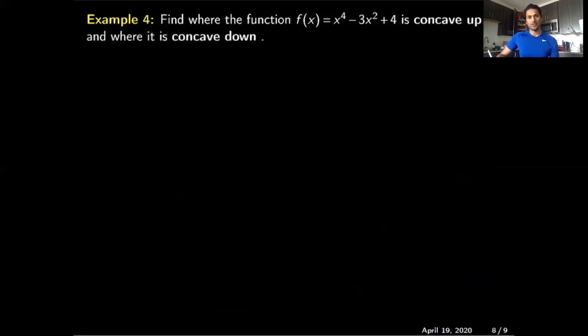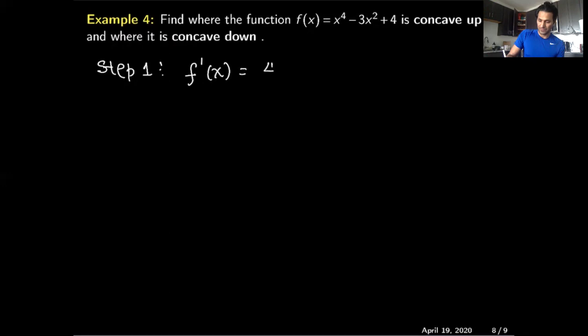So let's take one more example, which is again a polynomial function, and calculate the concavity of this function. Again, this is going to be a three-step problem. In step number 1, we will calculate the second derivative of the function. F prime of x is 4x to the power 3 minus 6x.